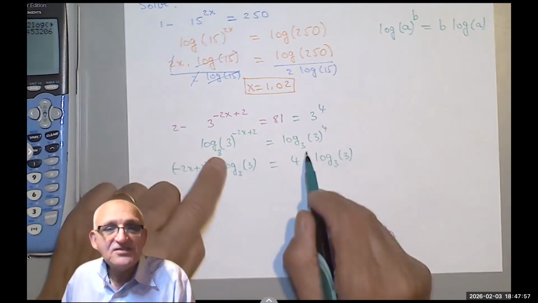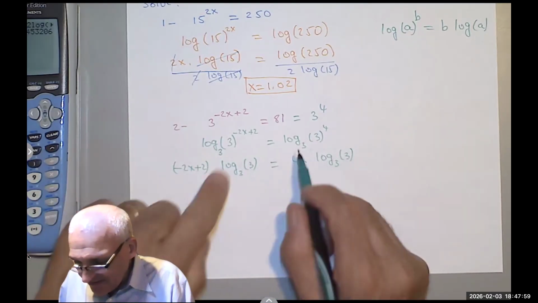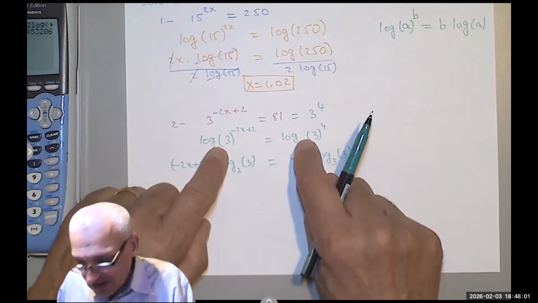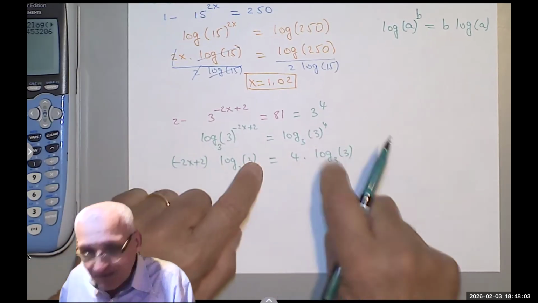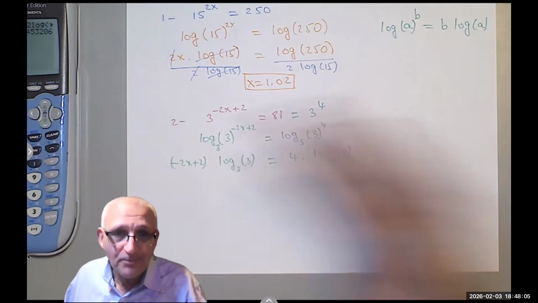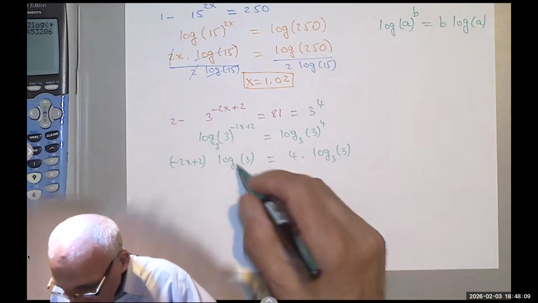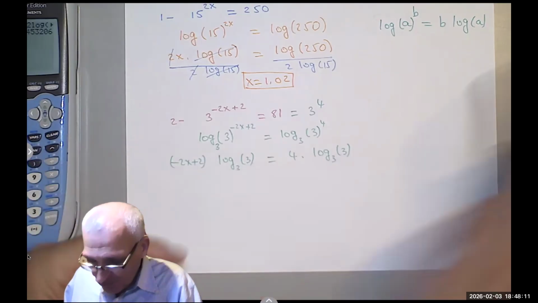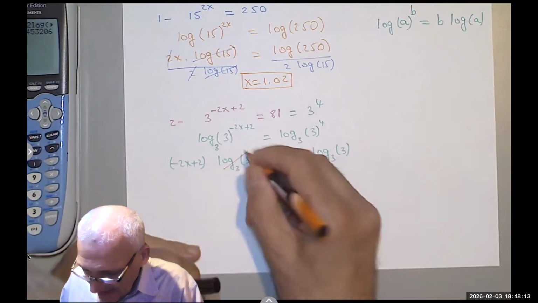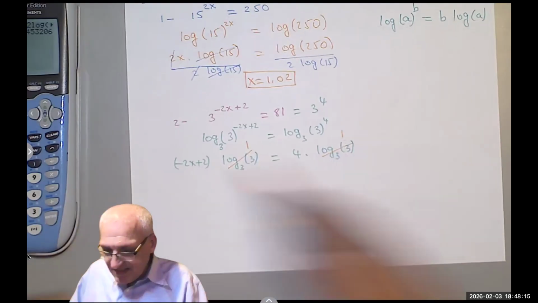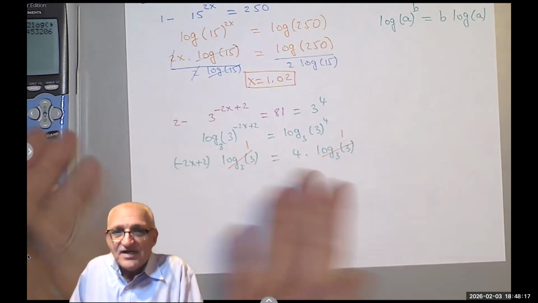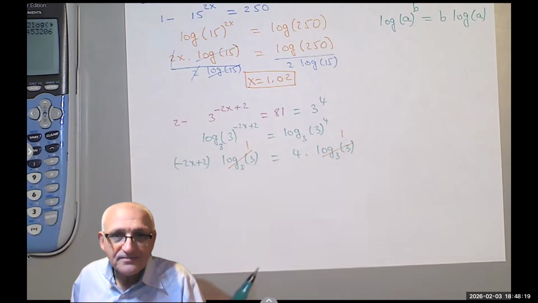Even if I leave it without the base 3, that would be log of 3 and that would be log of 3, so I can divide both sides by log 3 and they cancel each other. But log 3 to the base 3 is 1. We know that. And this is 1. So you can see that the answer is readily available to you.